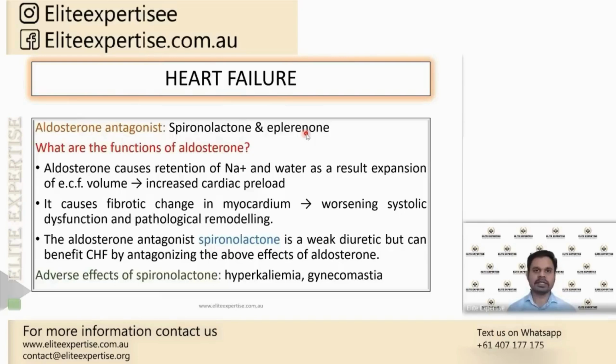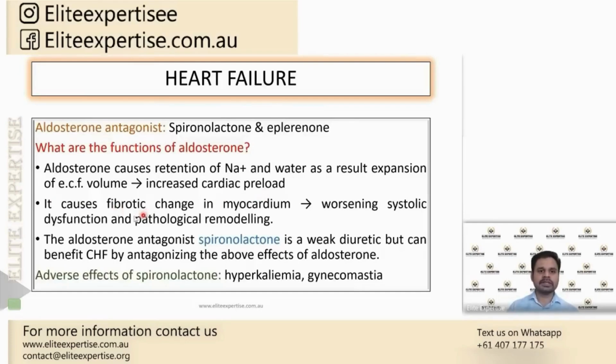Its major function is that it keeps on reabsorbing sodium and water into the body. Aldosterone reabsorbs sodium and water at the collecting duct of the nephrons into the systemic circulation, that is, into the bloodstream. As a result, aldosterone increases the extracellular fluid volume and the cardiac preload.